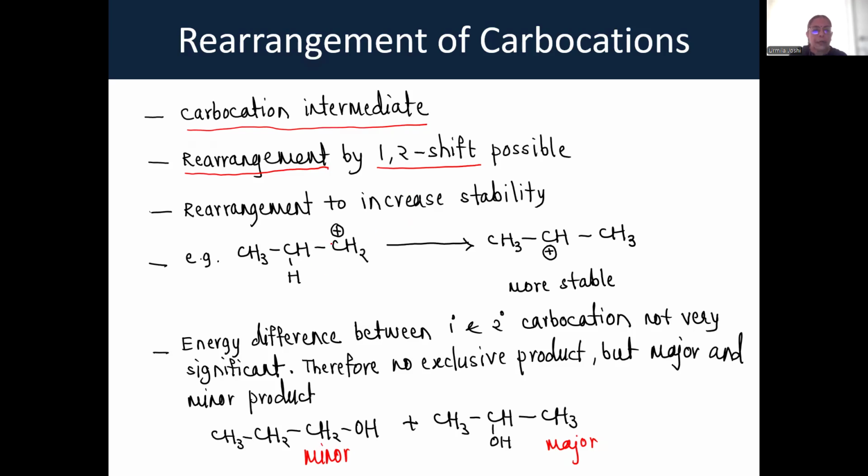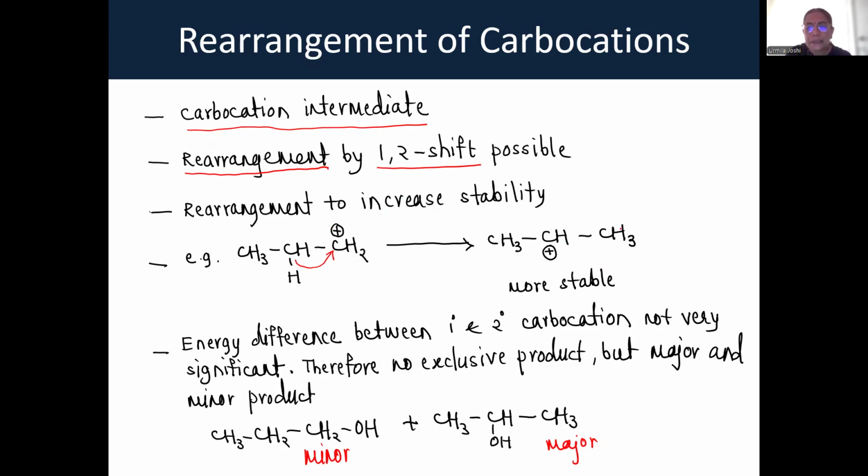Okay. So look at this. This is an N-propyl carbocation. Now this N-propyl carbocation is a primary carbocation, and it can rearrange to secondary. How? Just see this. There is a pair of electrons. This hydrogen shifts with a pair of electrons to the adjacent carbon.